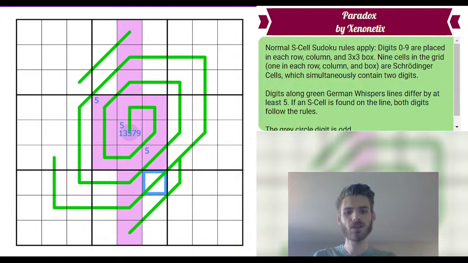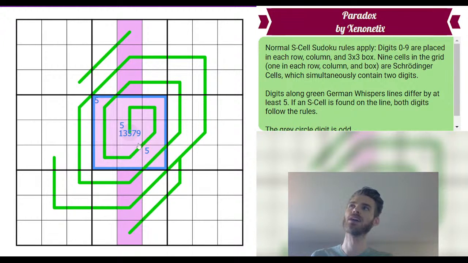If an S cell is found on the line, both digits follow the rules. So let's think about the S cell in box 5, because I just want to think about what an S cell on a line means.